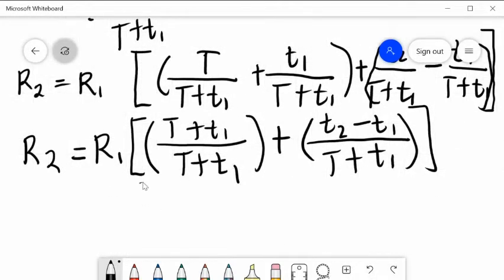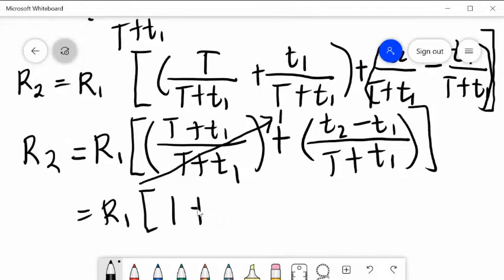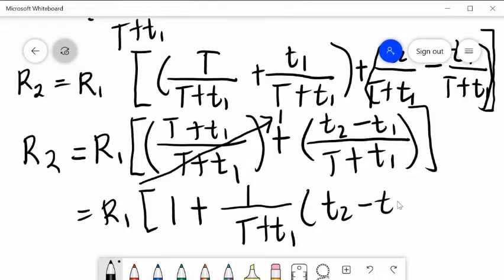This first term we will equate to 1, since the numerator and denominator are the same. So R1 multiplied by 1 plus 1 over T plus T1 multiplied by T2 minus T1.